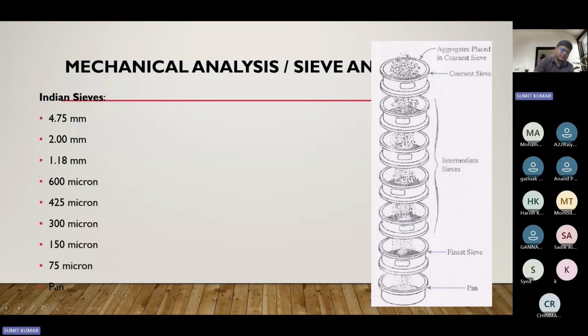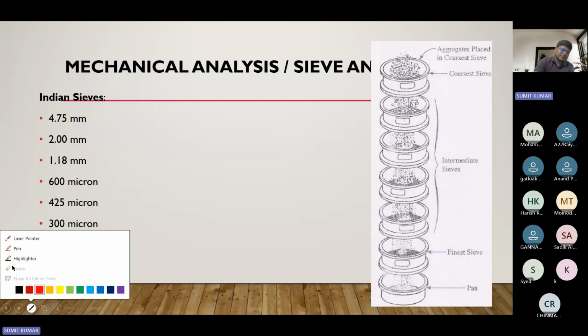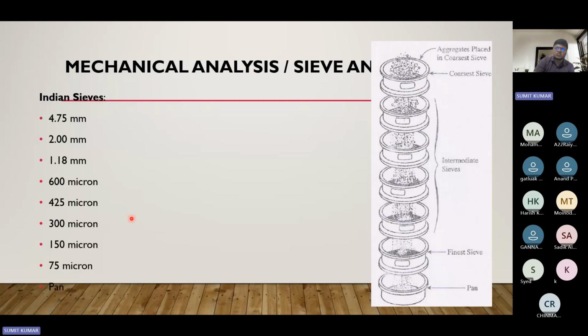Okay, let me take a laser pointer. You see, over here we fill the sample soil which we need to sift, and we bring it over here. The sieves are arranged in this fashion: the 4.75 mm sieve is at the top, followed by 2 mm, 1.18 mm, 600 micron, 425 micron, 300 micron, 150 micron, and 75 micron.